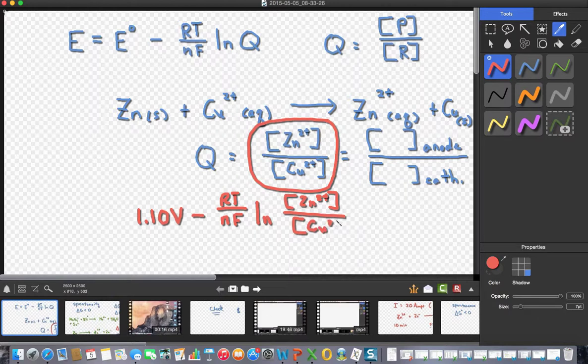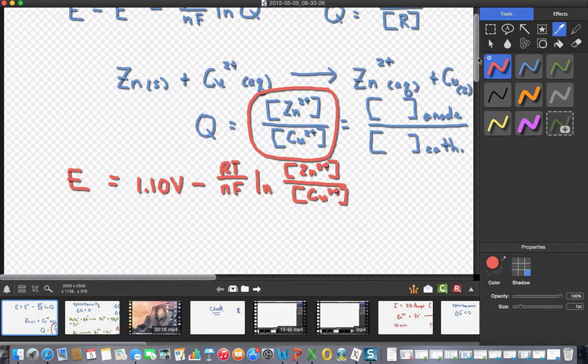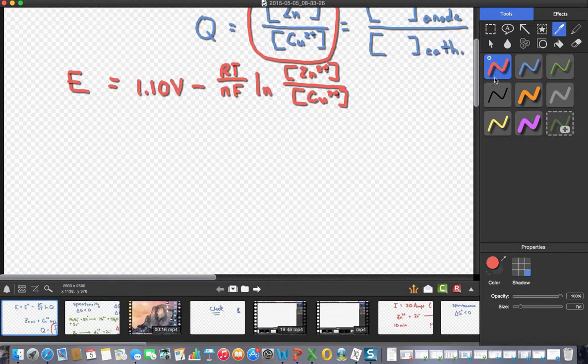So what I want to change is a number of parameters. In the standard electrical potential, all solutions are assumed to be 1 molar, and all gases are assumed to be at 1 atmosphere.